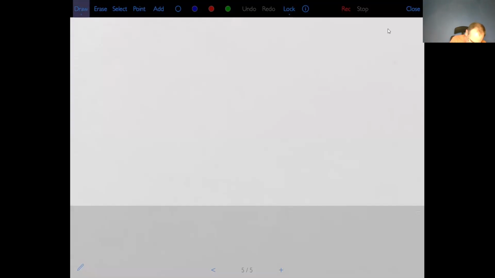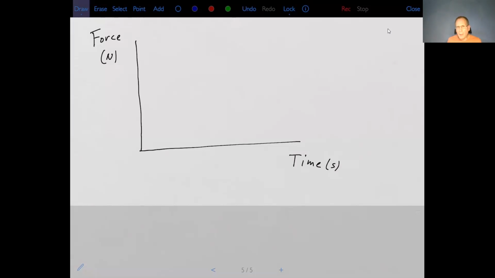If we plot force in newtons versus time in seconds, when I'm pulling on the cart with that force sensor connected to it, at first the cart is not moving, but the force is increasing, something like this. It'll reach a peak, it'll drop, and then if I pull with constant velocity, it plateaus, maybe something like that.